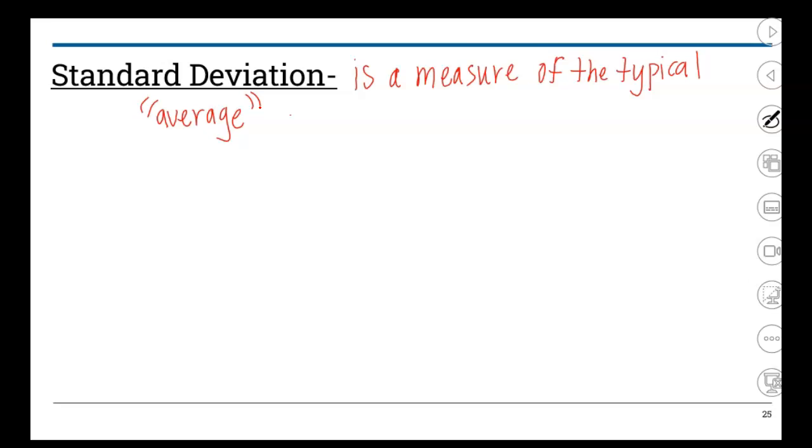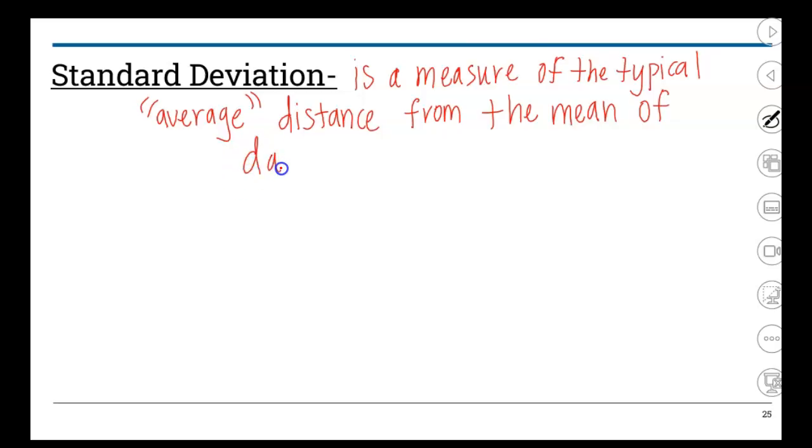Which is the distance from the mean of, the average distance from the mean of data value.